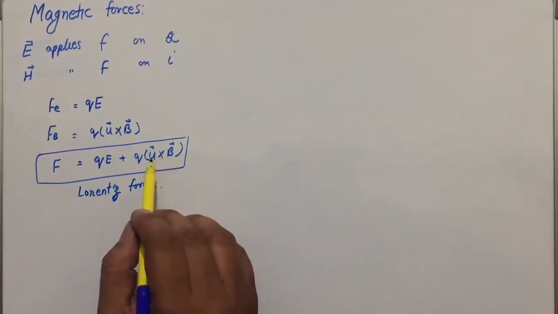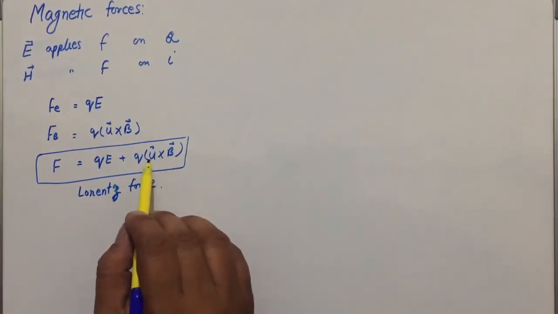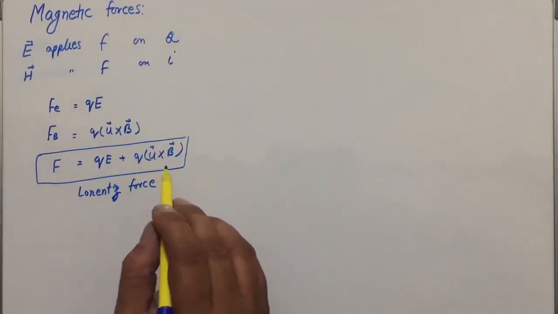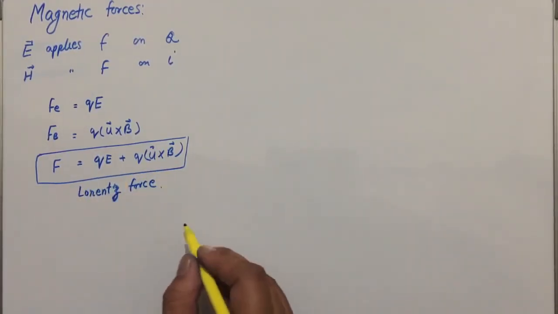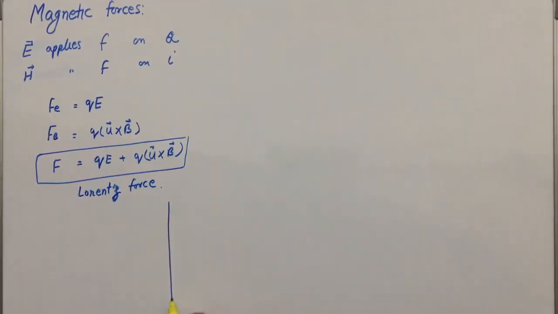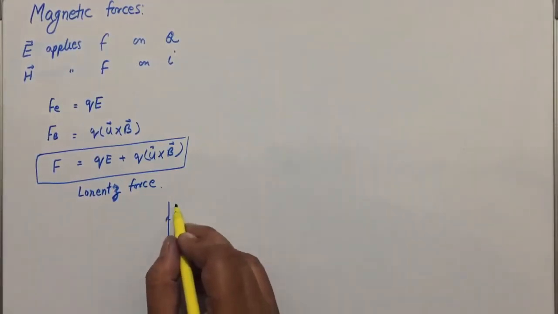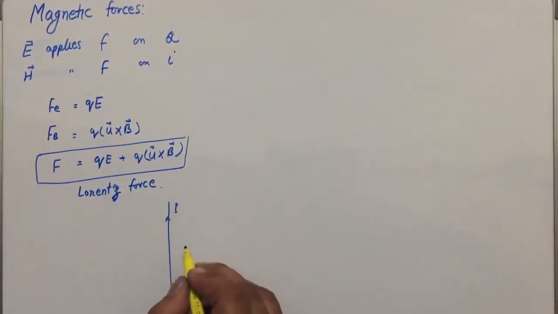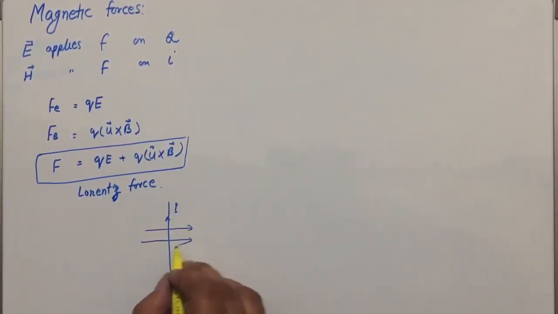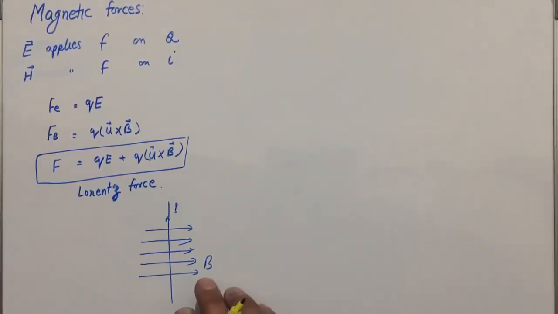Okay, based on it, consider a current carrying conductor, through which current I is flowing, placed in a magnetic field B, magnetic flux density or magnetic field, consider the same for explanation.